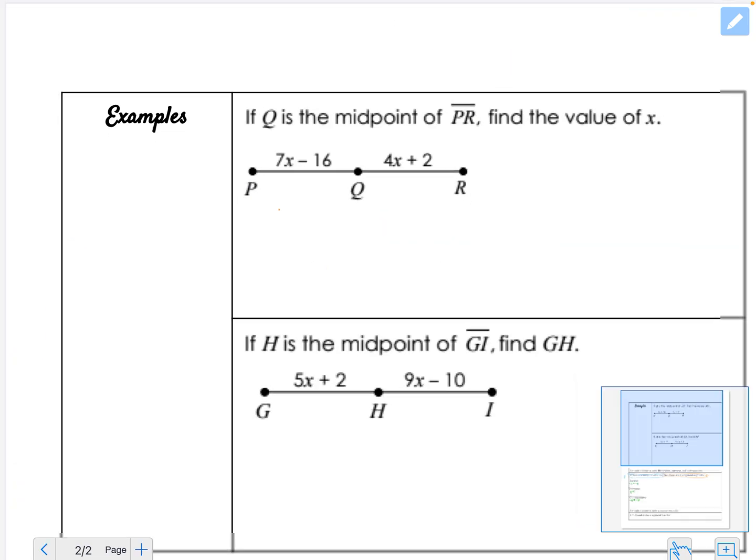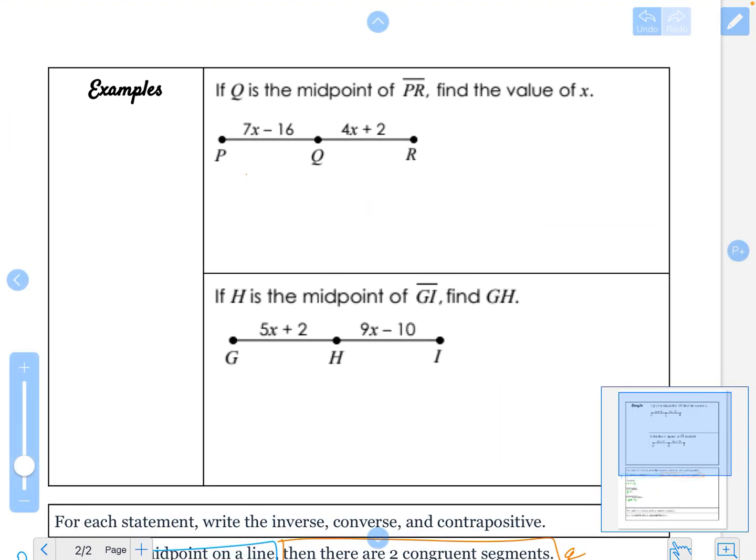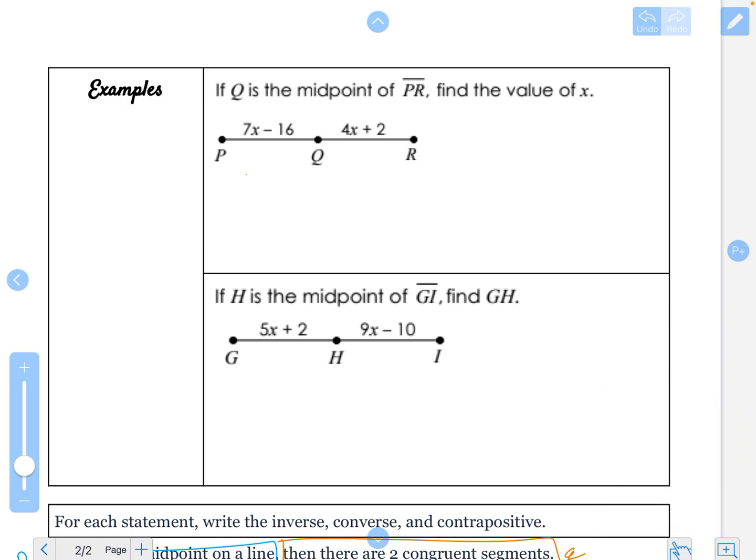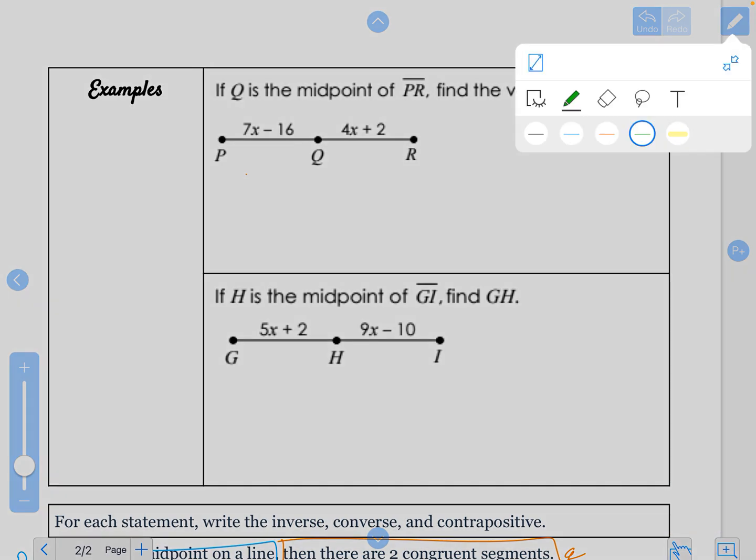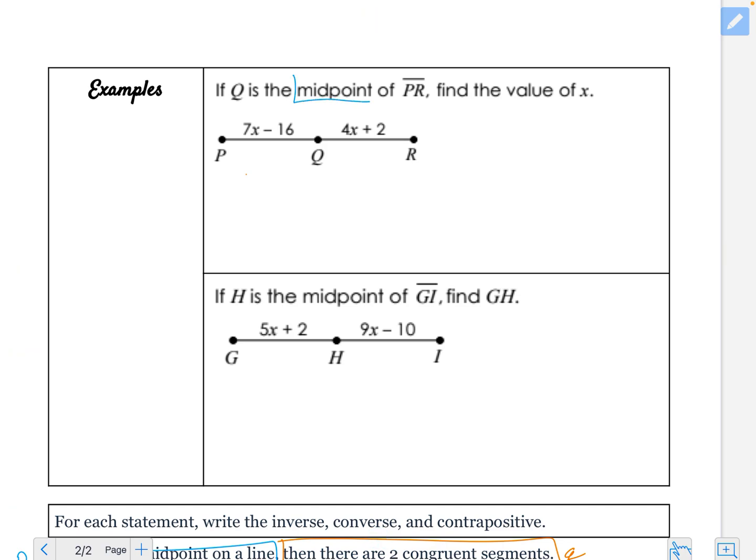All right, so now we're going to look at how we can calculate the midpoint if we're just given a line and some algebraic terms. So one thing that we always need to think about is midpoint always means equal. So anytime a problem tells me that something's the midpoint, I'm always going to draw an equal sign there because I have now created my equation. So now I have 7x minus 16 equals 4x plus 2.